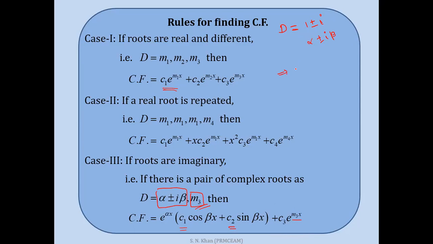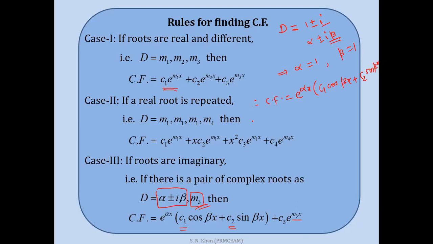By comparing, we get the real part alpha equal to 1 and the imaginary part beta also equal to 1. Beta is the coefficient of i. Here the coefficient of i is 1, so the value of beta will also be 1. Therefore CF will become e to the power alpha x in bracket C1 cos beta x plus C2 sin beta x.